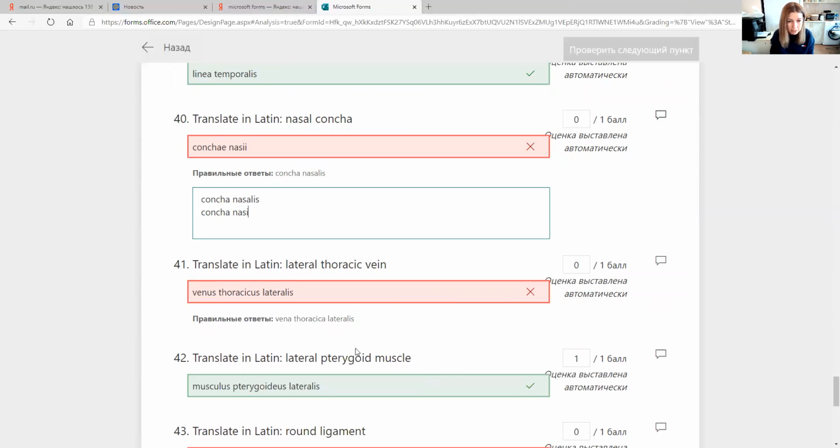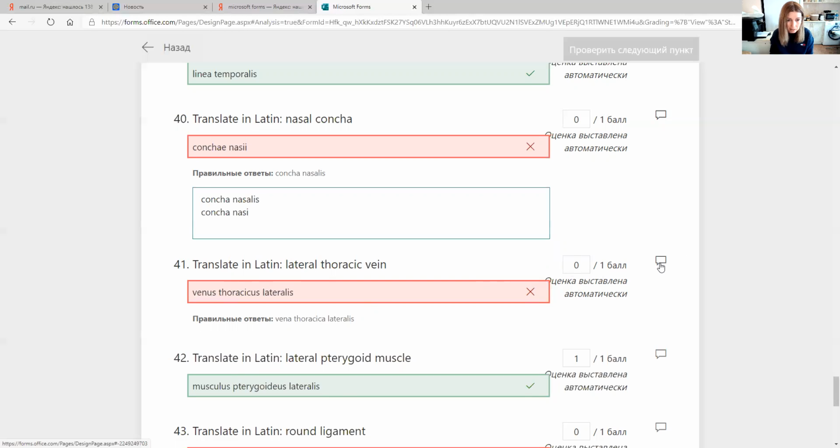The next, not bad, but incorrect word order. When you see that a noun has more than one adjective, we should start with the noun, and then the adjective that is closer to the noun will be first. So in Latin, you should start with vein, then thoracic, and then lateral. Vena thoracicus is incorrect because vena should be feminine.